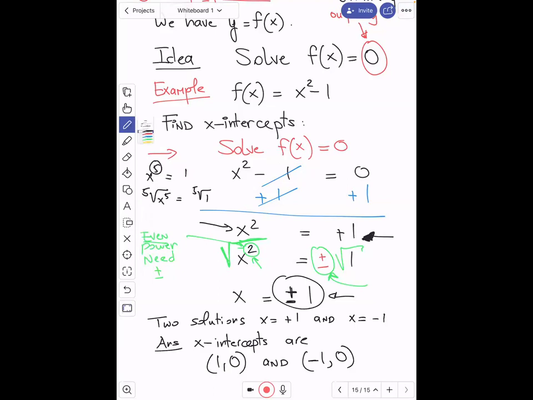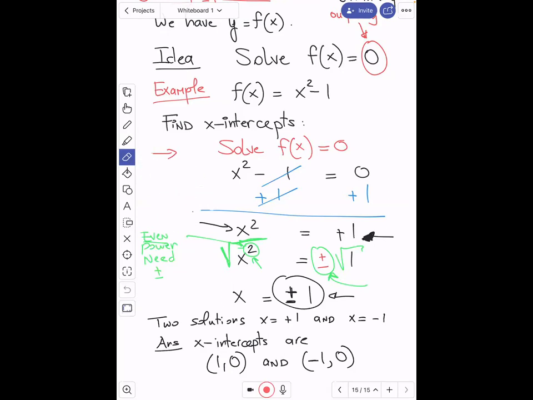So the 5th root cancels out with the power 5, and x would be just positive 1. The 5th root of 1 is 1 because 1 times 1, five times, is equal to 1. So the answer here would be 1, but that's because the power here was odd, right? I'm gonna probably just erase what I just said.